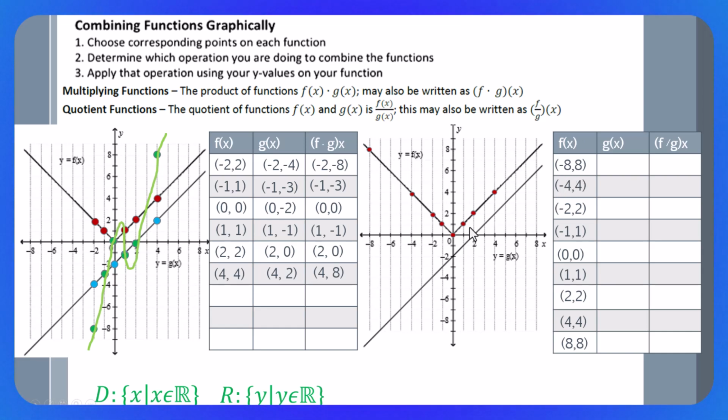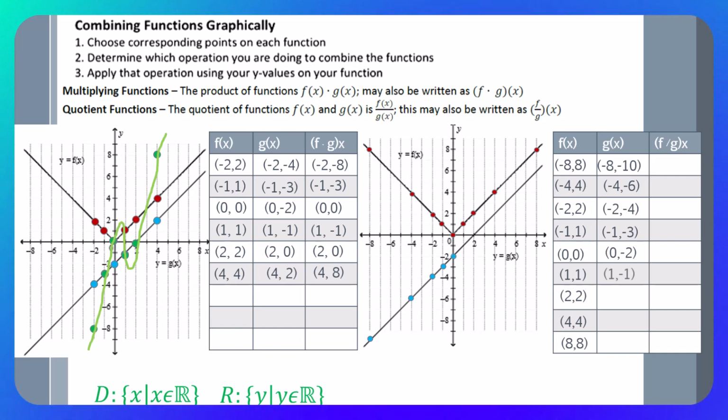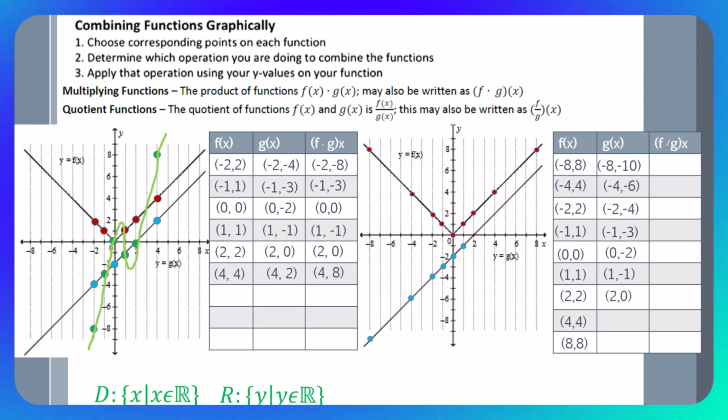Start at -8, and then we're going down to the linear function, and that is going to match up with -10. So let's go ahead and fill these points in and plot them. -4, -6, -2, -4, -1, -3, 0, -2, 1, -1, 2, 0.